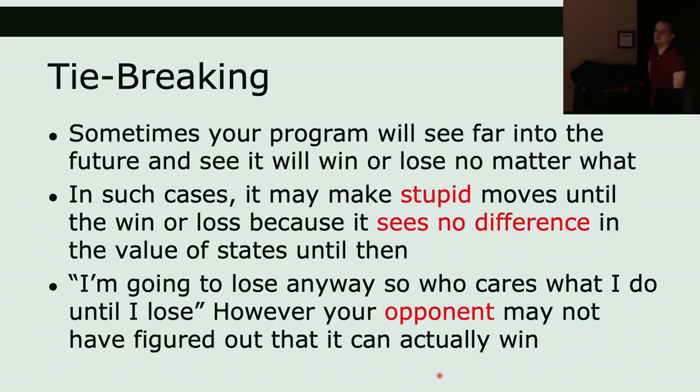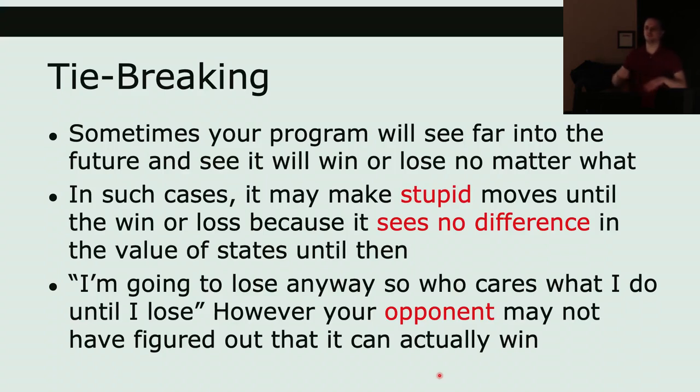But here's the thing. Even if you have figured out that you're going to lose, that's under the assumption that your opponent is as smart as you. So there's no point to give up, because maybe they didn't see that path that you saw, right? If you're searching to depth 20 and you see that you're going to lose, and the opponent is only searching to depth 10, well, they may not have seen that yet.